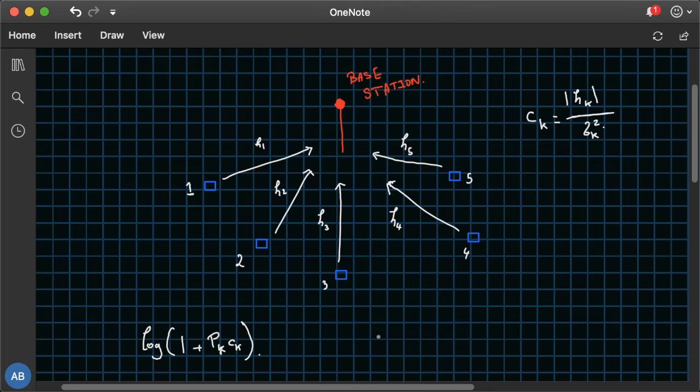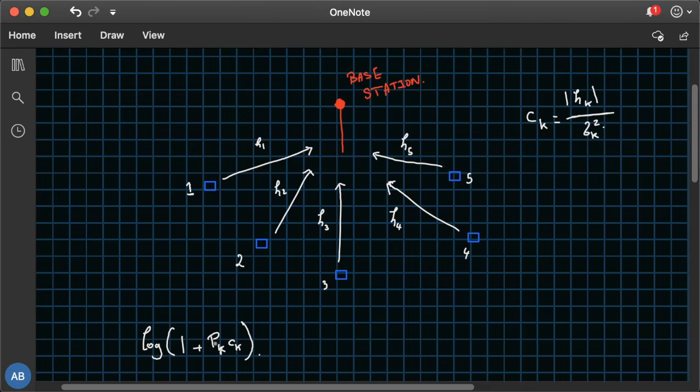It is the magnitude of HK over sigma K squared, the channel to noise ratio, and pK is the power of the signal that the base station would want to transmit to user 1. Okay? So pK is the power.